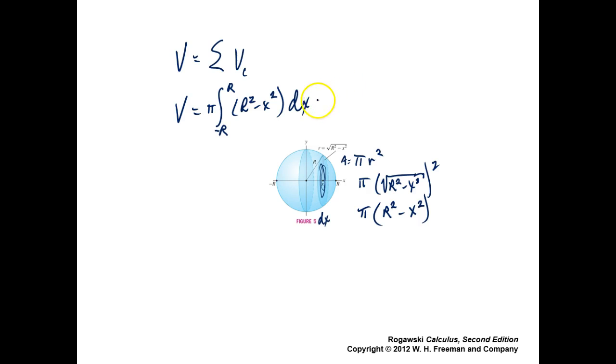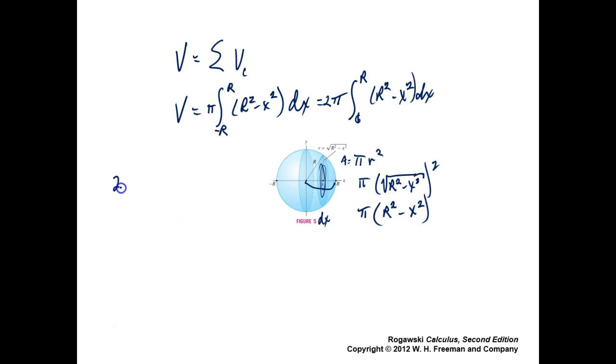So this is also pi, but you're going to double it, so it's going to be 2 pi times 0 to r, and then we double that, because this half of the sphere is going to be the same volume as the other half, of r squared minus x squared dx. I think we can do that one, can't we?